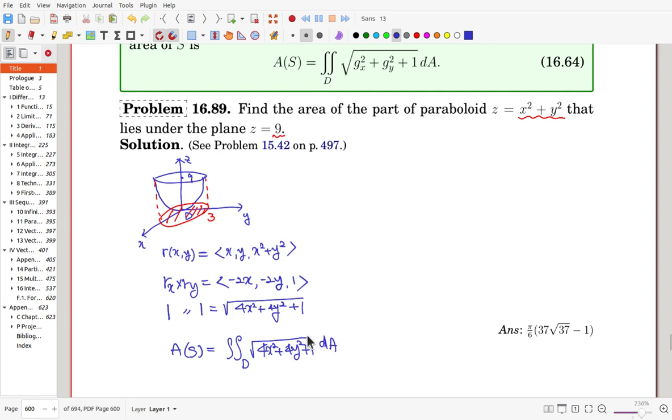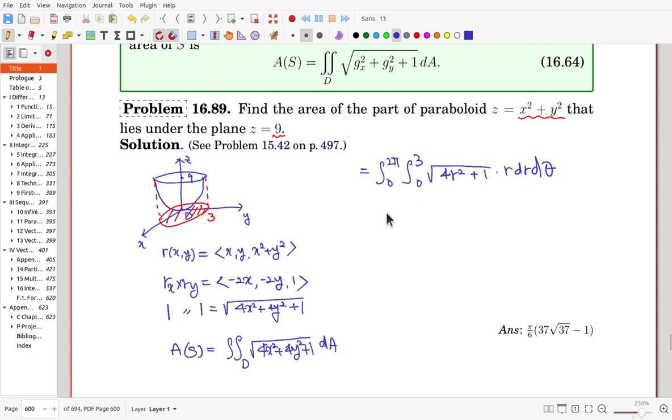Now we know that the domain D is a polar region, so we can use polar coordinates. The angle is from 0 to 2 pi, and r is from 0 to 3, and the integrand can be written as the square root of 4r squared plus 1. We now need the scaling factor for the transformation, r dr d theta.